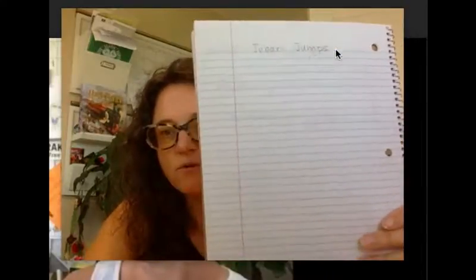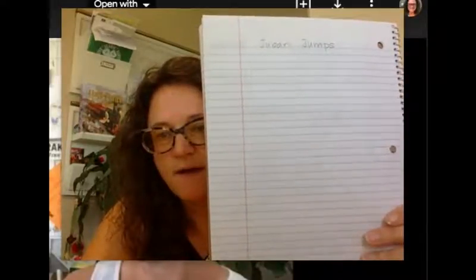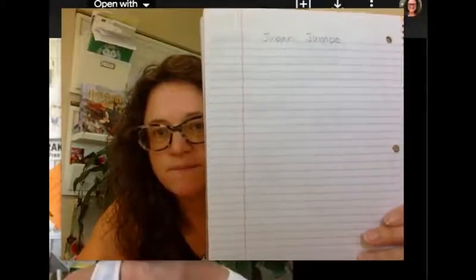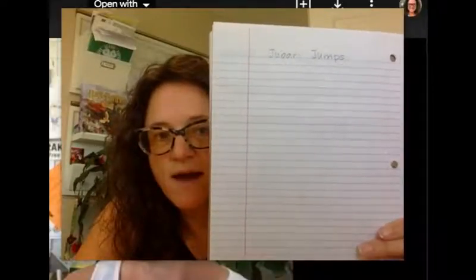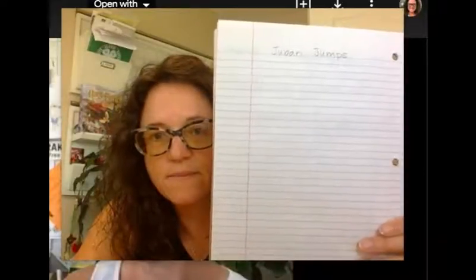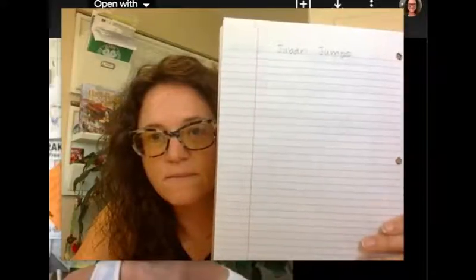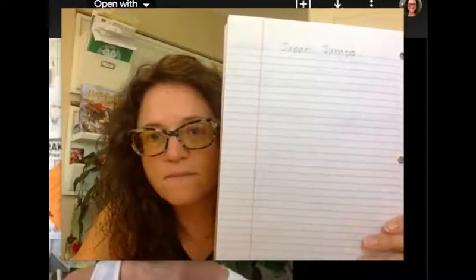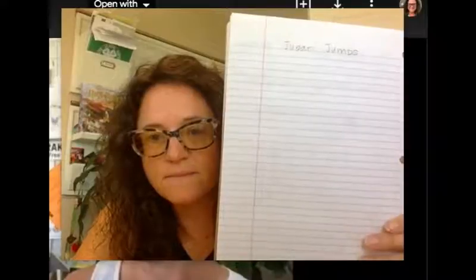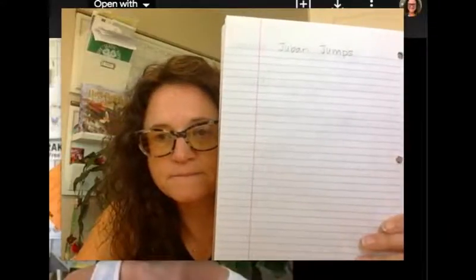Now let's set this up real quick before we get started, since we don't have that lovely story map sheet. What comes at the top of our story map? Carolina? The setting and the characters? Yes, setting and characters.